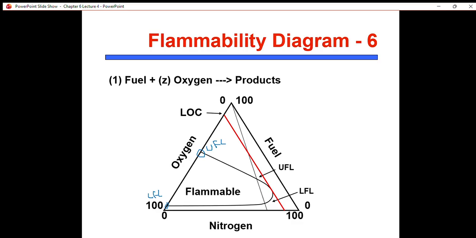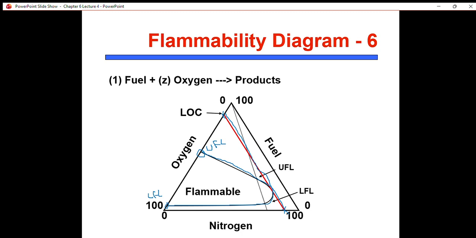Once you draw the flammability zone, you can approximate the LOC line, which goes from this point to a point on the nitrogen axis where it barely touches the corner of the flammability zone. So the LOC line will be drawn at the end, after you specify the border or corner of the flammability zone.